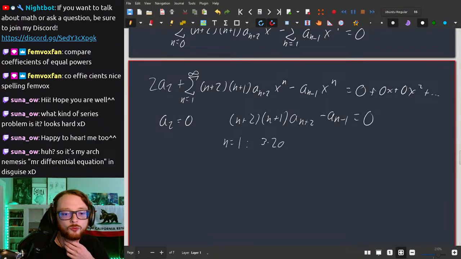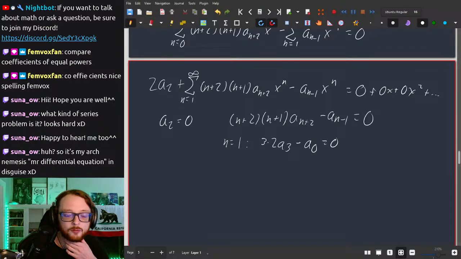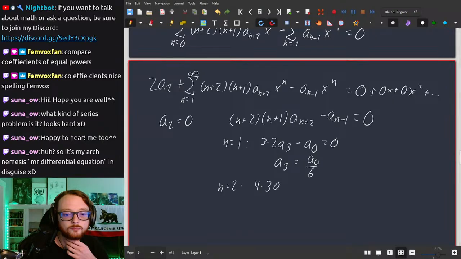3 times 2 times a3 minus a0 is 0. a3 is a0 over 6. So 1 equals 0. I should really rearrange this to not have to do this algebra every time.